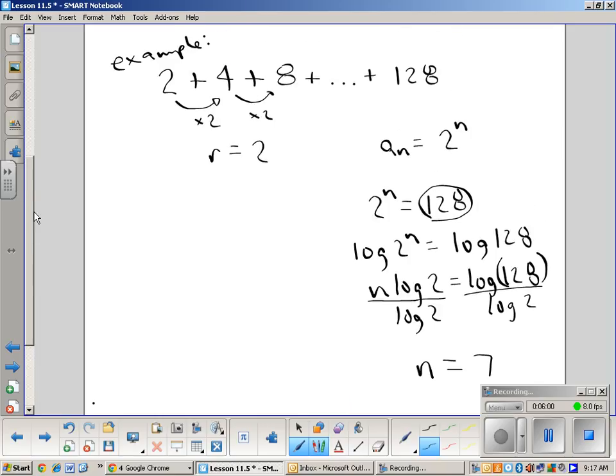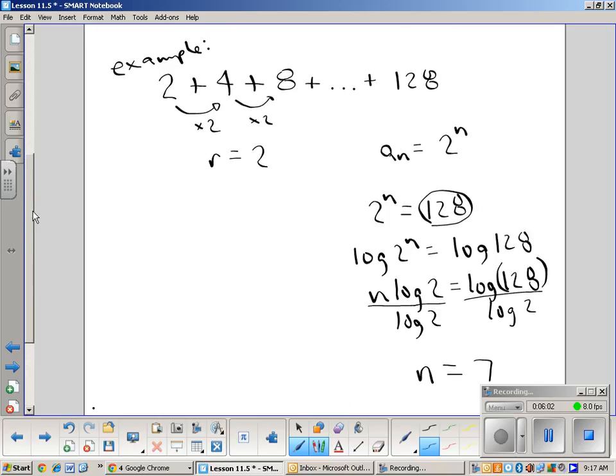So that means how many terms do we have? 7. So if I use my formula, S of 7 is going to equal a sub 1, which is 2, times 1 minus r to the 7th, where r was 2, over 1 minus 2.